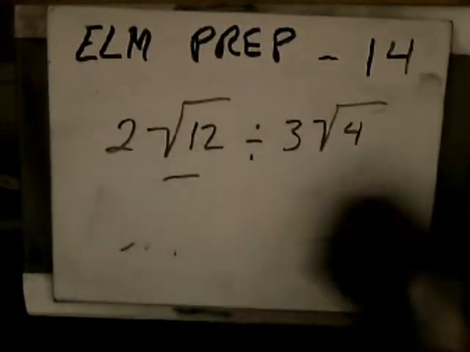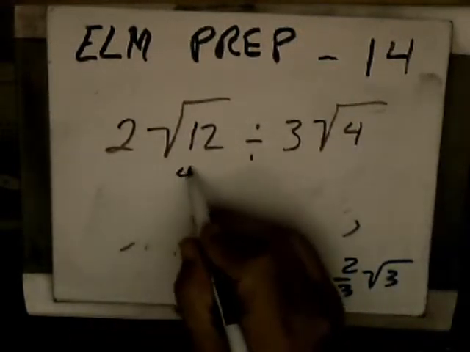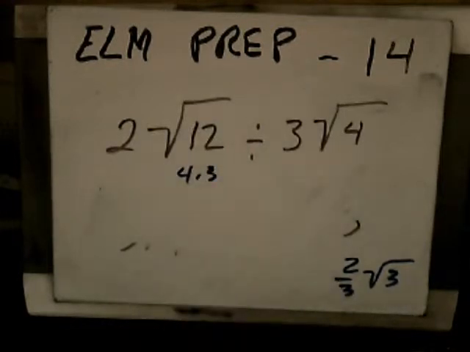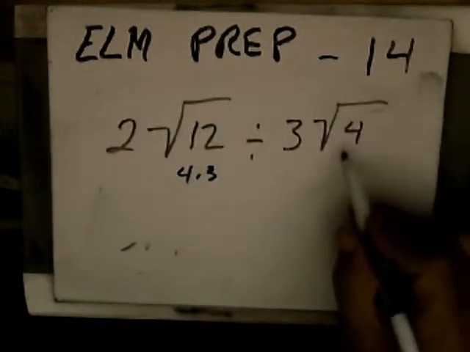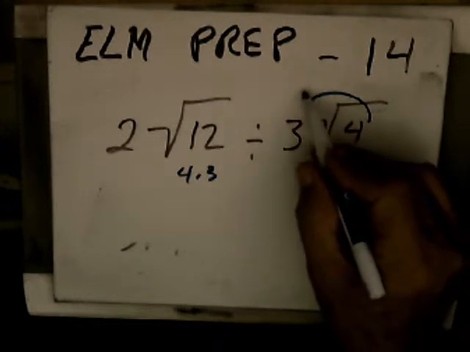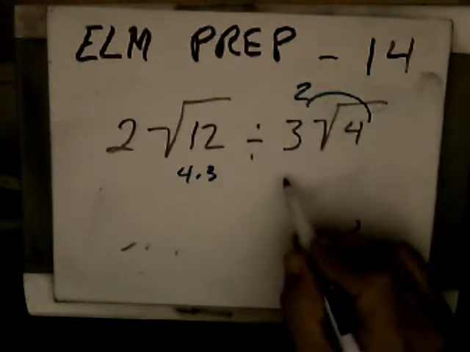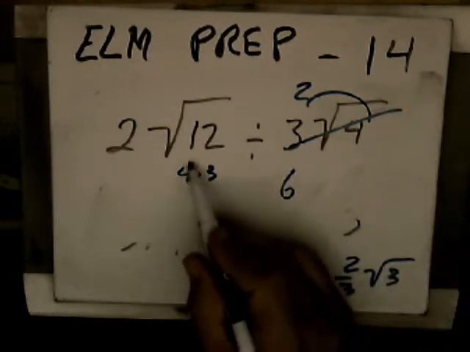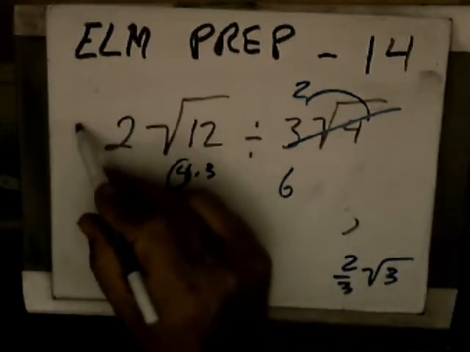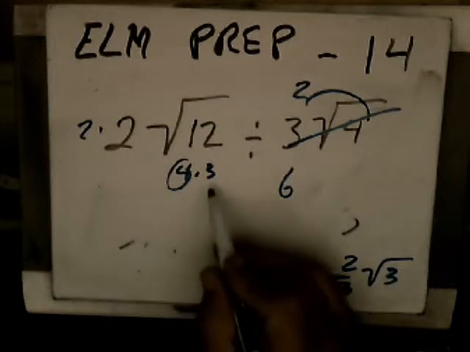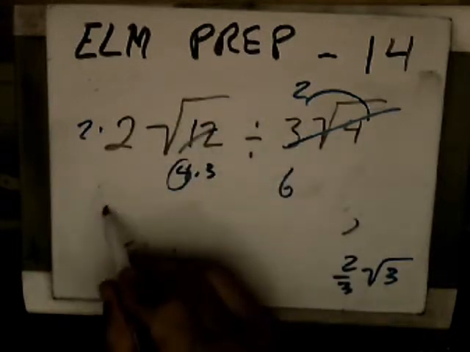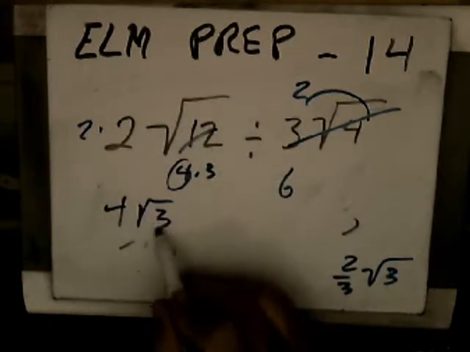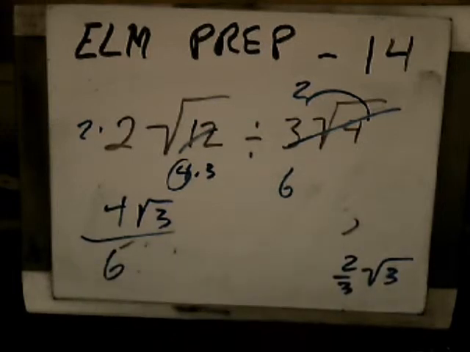So let's do it this way. Let's recognize that I have 4 times 3 in here. And this is just a square, so I'm going to just get this out here. This will be 2 times that will be just 6. And I'm going to take 2 out of here, so 2 times this will be 4. So I'll have 4 radical 3 divided by 6.